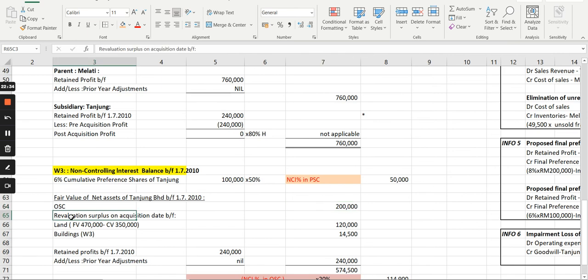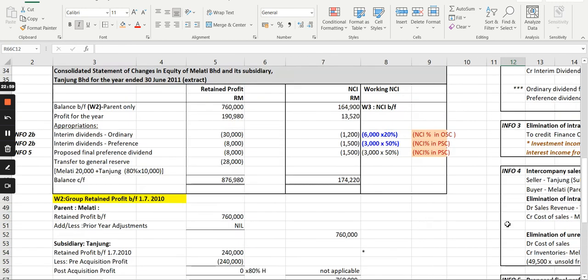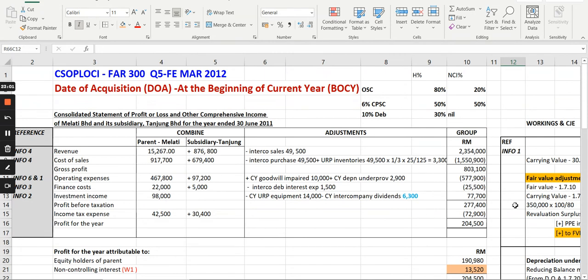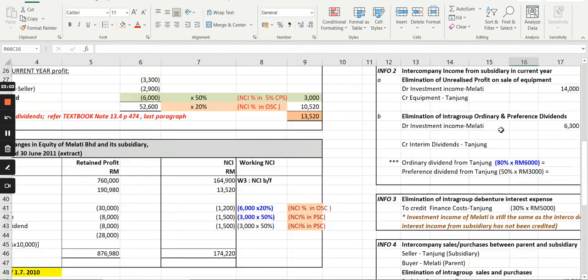Revaluation surplus is the revaluation surplus on the acquisition date, which happened to also be 1st of July 2010. So on the word here is brought forward, BF. So brought forward on that date is actually what you have calculated much earlier, 120,000 and 14,500, which is from information 1 that I have already calculated much earlier here.